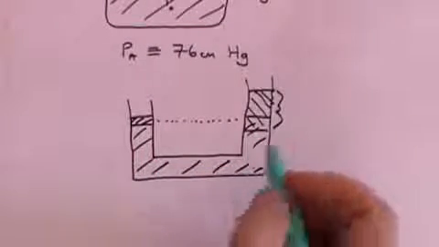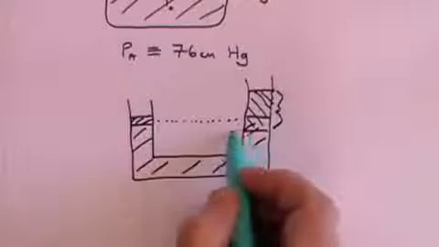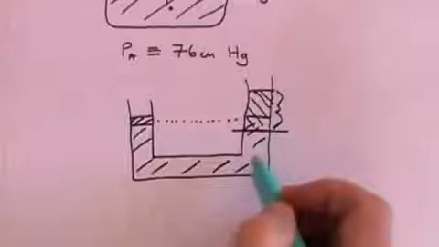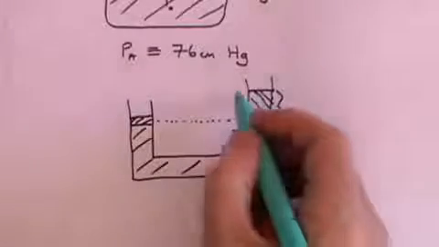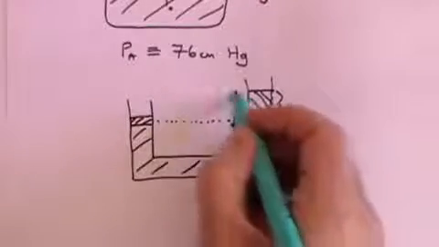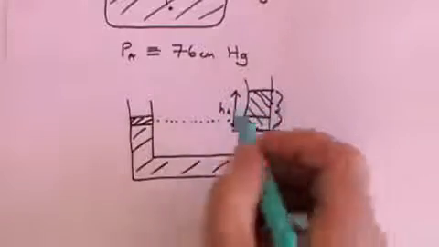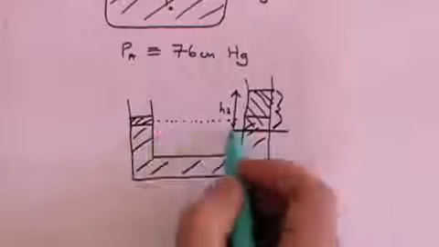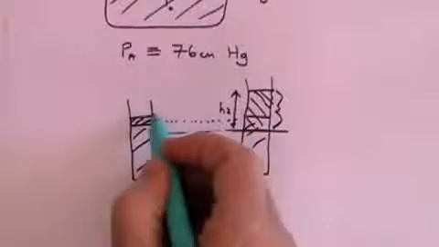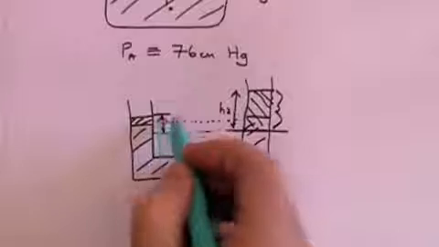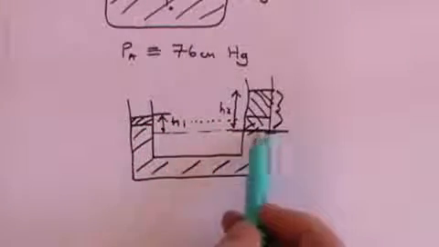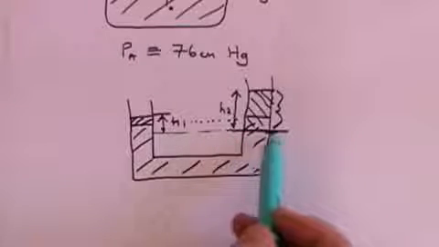And what we're going to do is to measure from the height at which the oil and the water meet. And so on this side we've got H2, and that is the height of the oil. On this side, taking that across here, we've got the height H1, and that is the height of water above this level where the oil and the water meet.